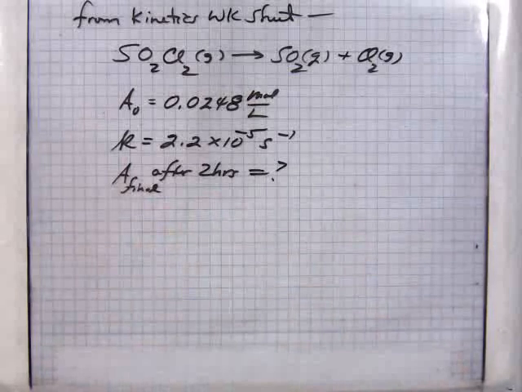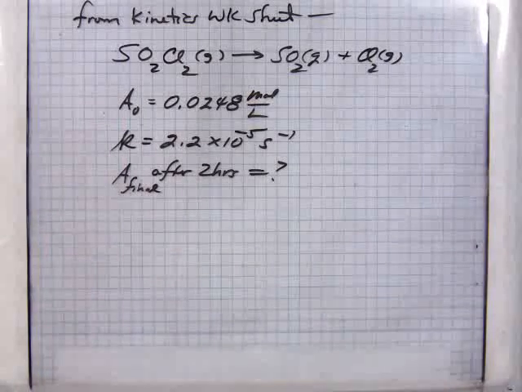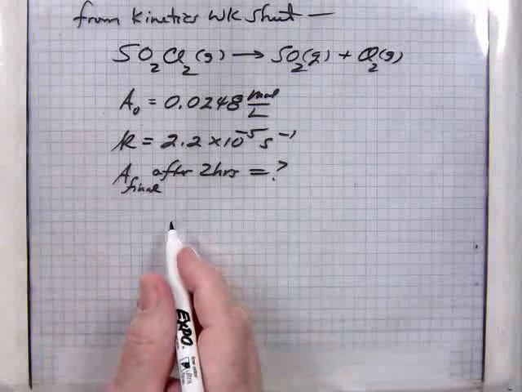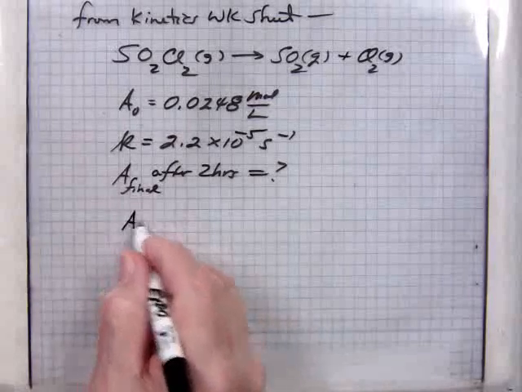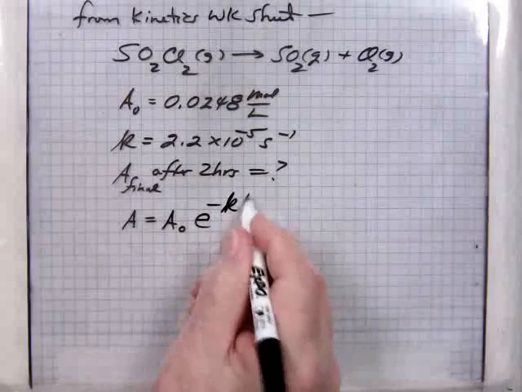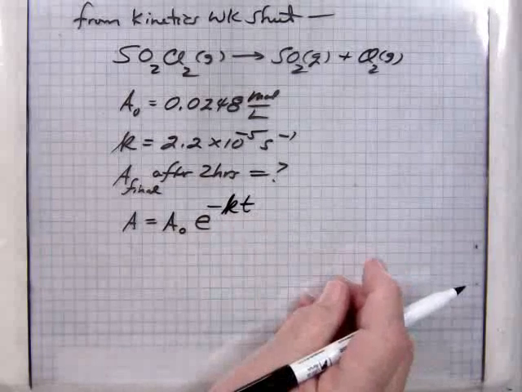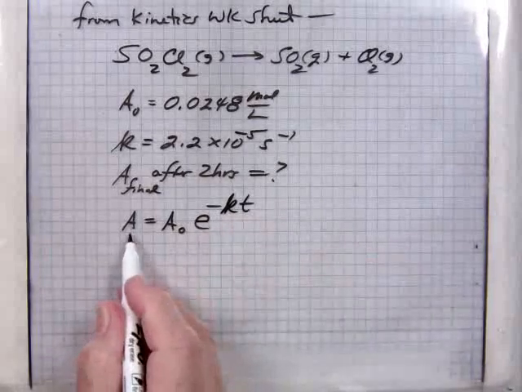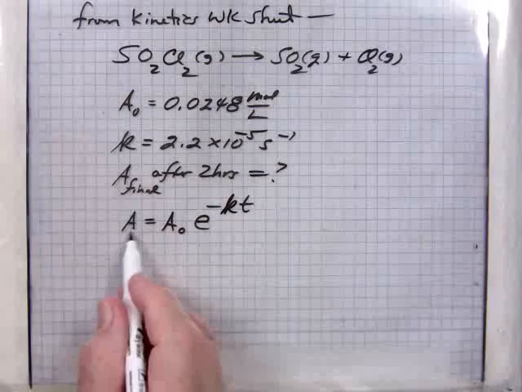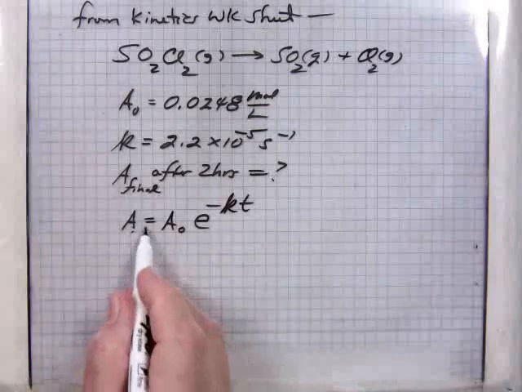So essentially we want to apply this data to the first order decay equation and solve. So A equals A sub O e to the minus kt, like this. And so you've got A sub O, but we need to find out what A final is right here.